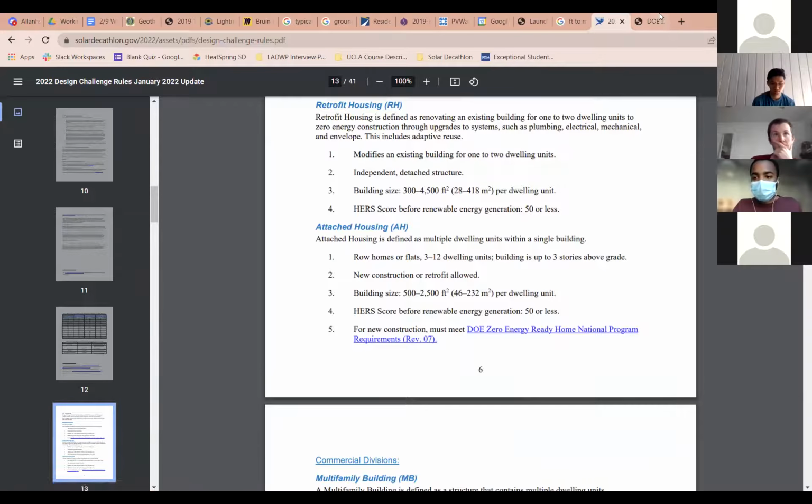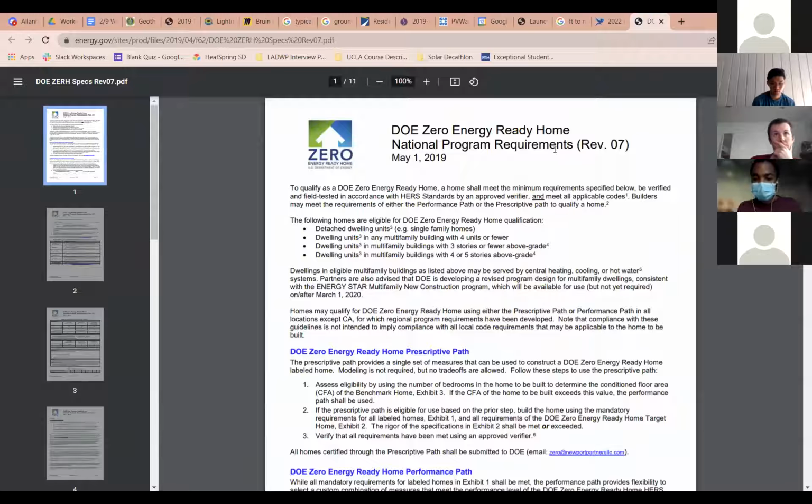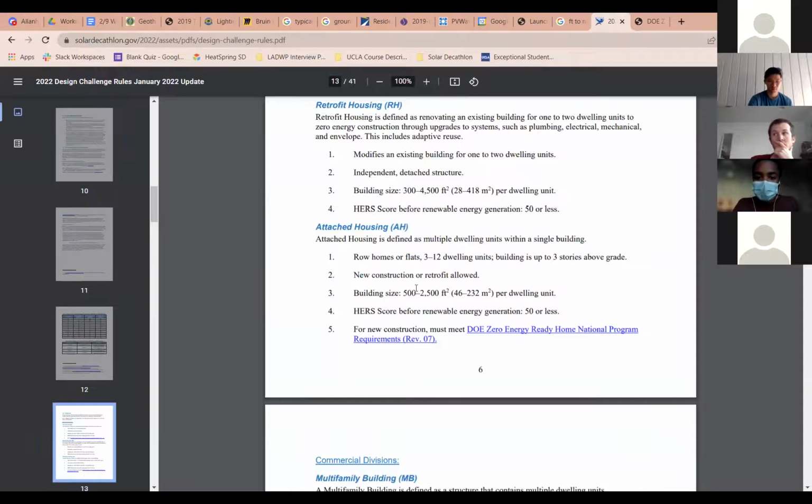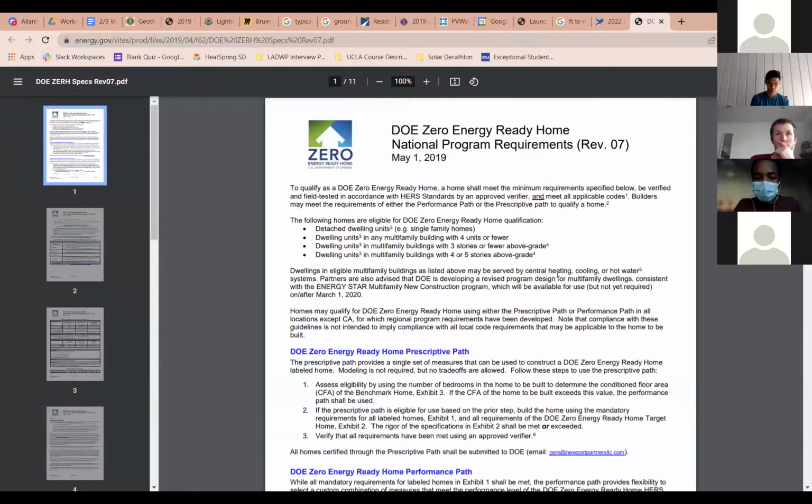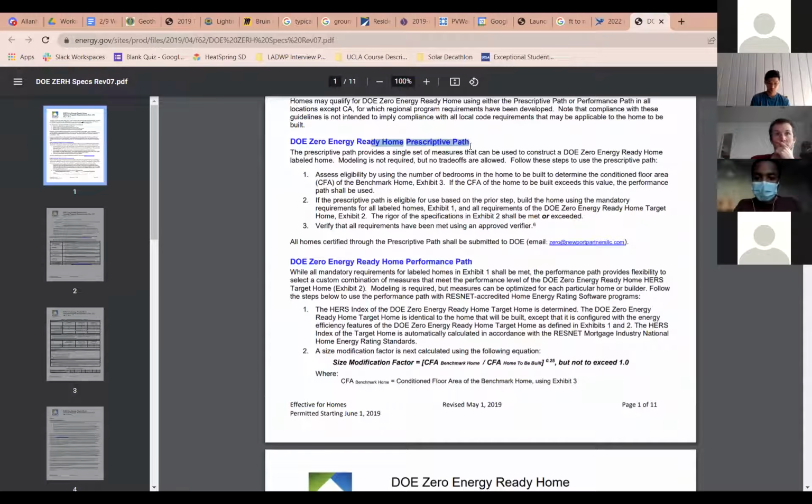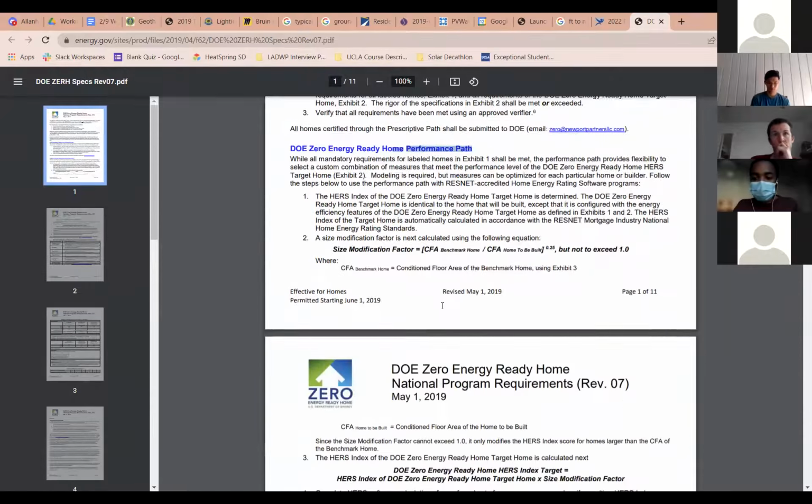If you click that and open it, it gives us the requirements for how to be zero energy ready, and they specify that for new construction we need to meet these requirements. The requirements detail specific ways you can go about being zero energy ready, with certain calculations and metrics that help.